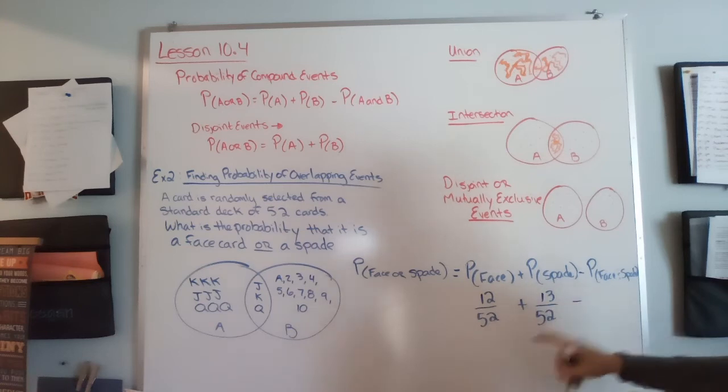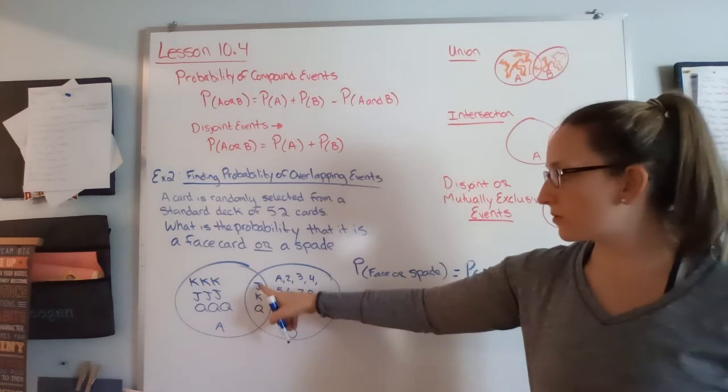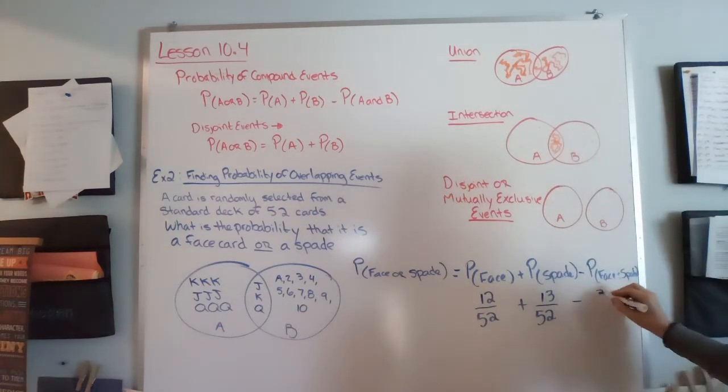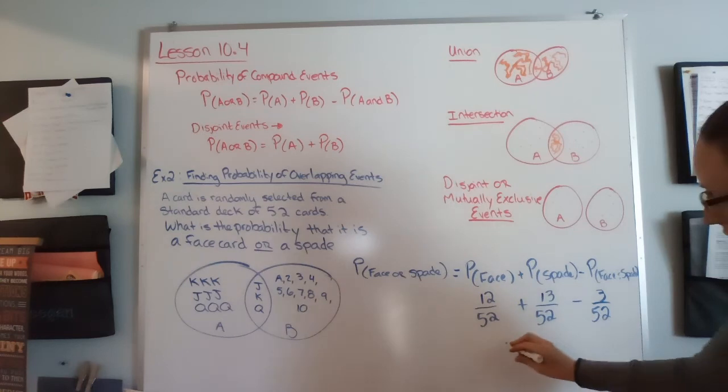But then you need to subtract away the ones that were double counted, the overlap. So there were 3 out of 52 that were double counted. All right?